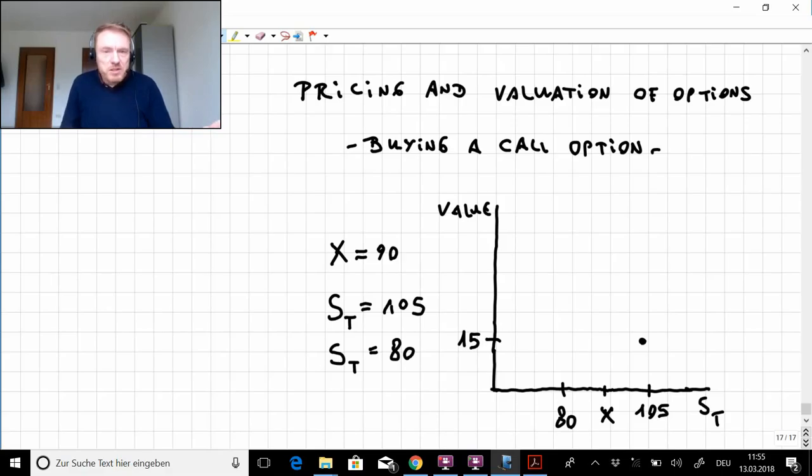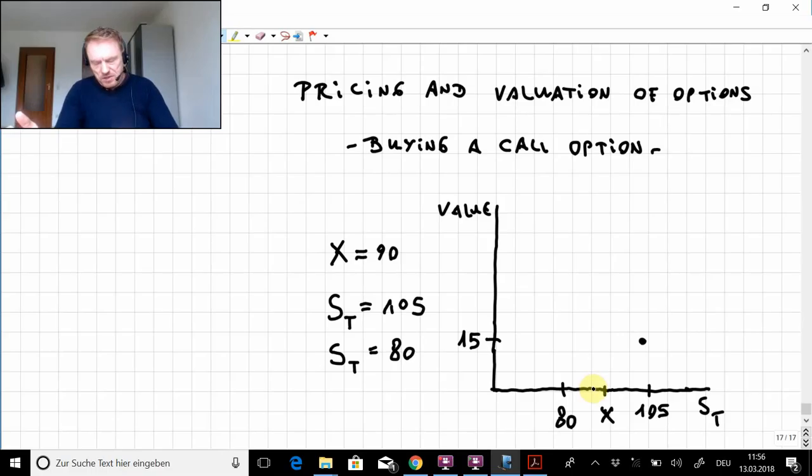Let's look at, for example, 80. What happens if the price is only $80? He or she does not have the obligation to buy the share, but only the right. So he's not going to do it, because there would be a loss.